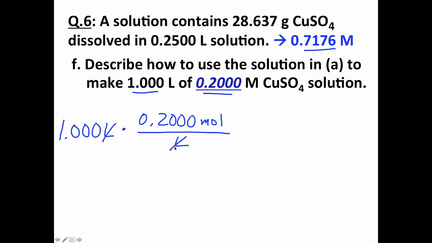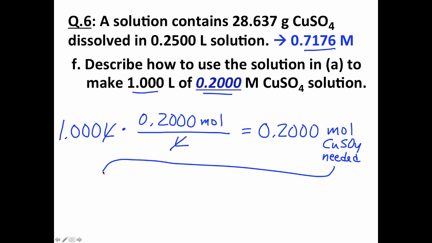And using that conversion factor, pretty simple math in this case, we have 0.2000 moles of copper sulfate per liter of solution that we need in our final solution.